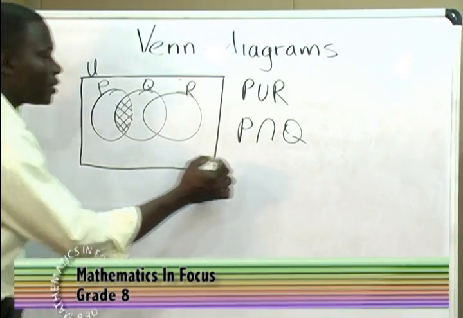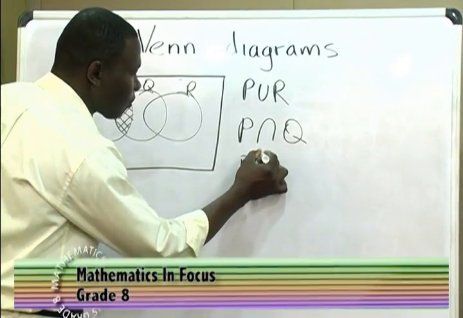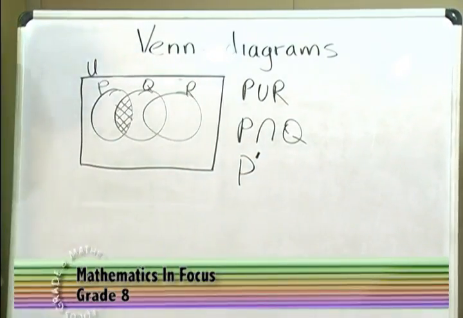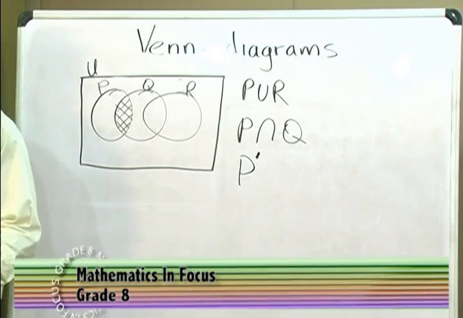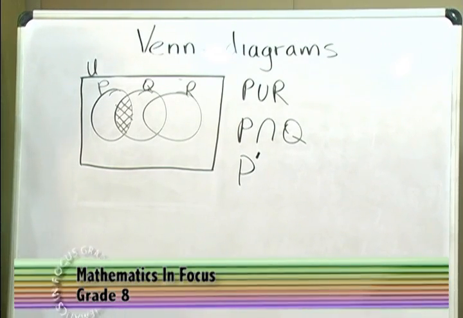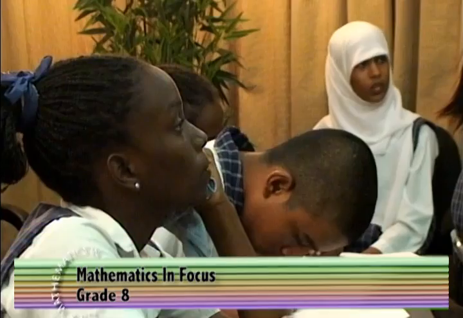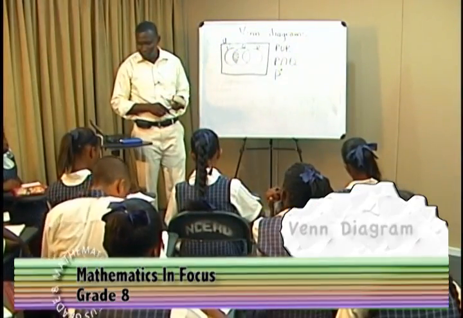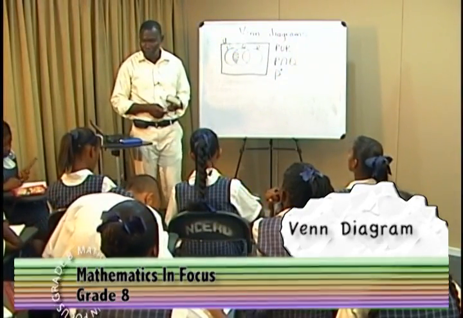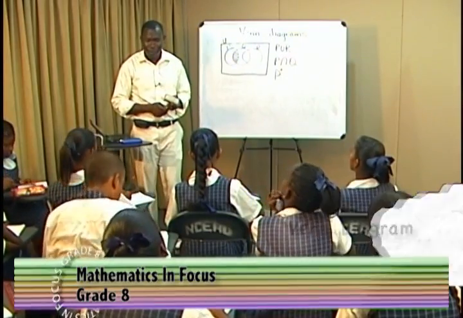What about this one? Just now we spoke about complement. P complement. If we're going to shade P complement, what will it be? P only. Someone is saying P only. What did we say about complement just now?